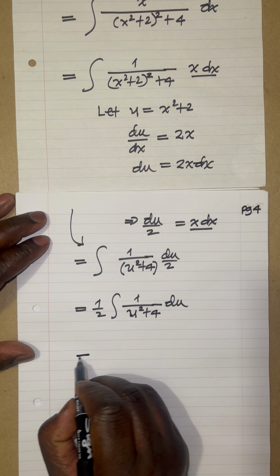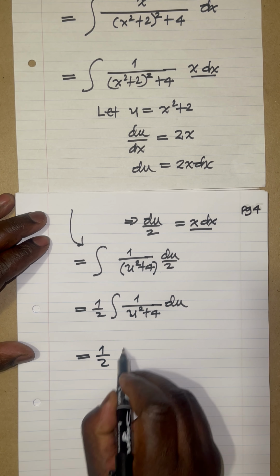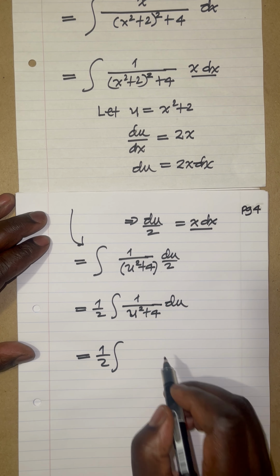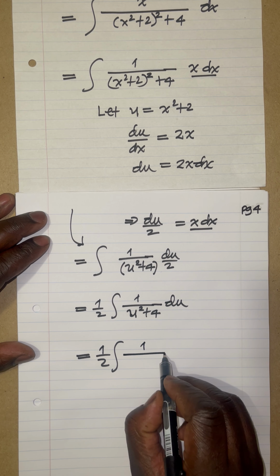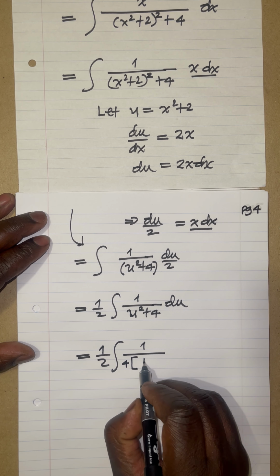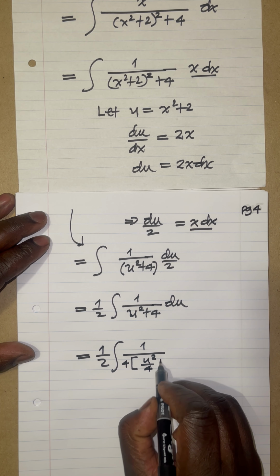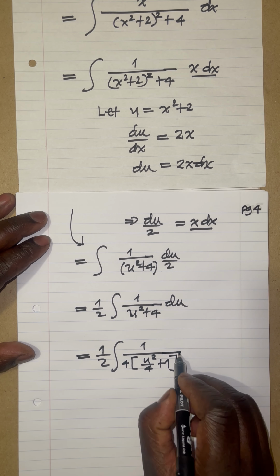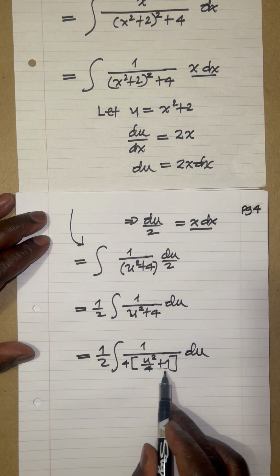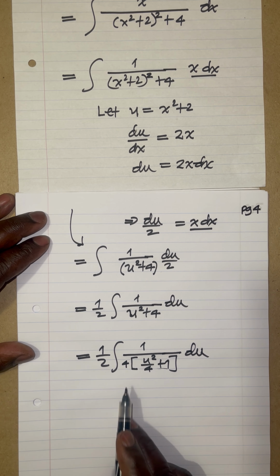So this is equal to 1 over 2, the integral of, watch this, I'm going to rewrite this part here to 1 all over, and I'm going to take 4 out as a common factor, so u squared over 4 plus 1, du. You agree with me that if you expand this part, it's going to give you that one there. I'm going to take 4 out.